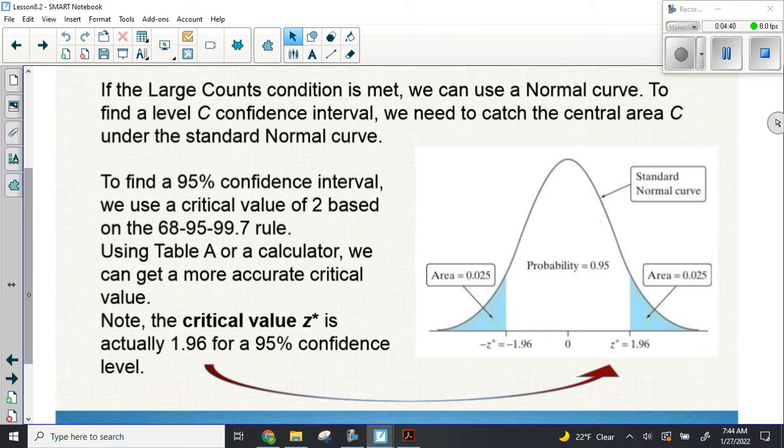So we're going to get critical value Z star. And that's what we're going to be calling this critical value, Z star.